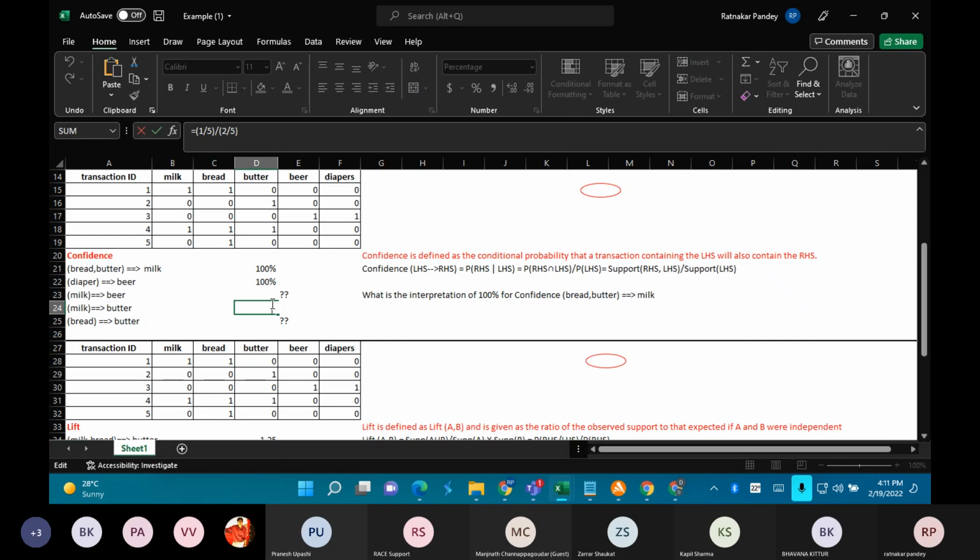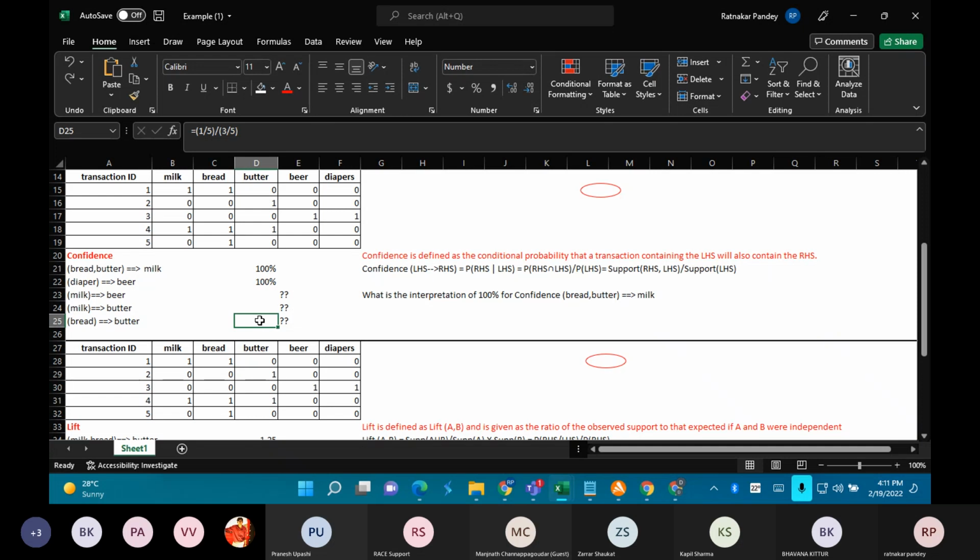Last one: who can explain this? 33%. How? What is the support for bread and butter together? 1/5. What is the support for bread only? 3/5. So that's 1/3, 33% confidence.